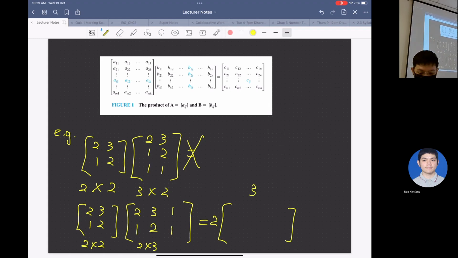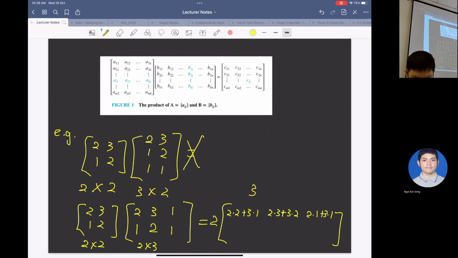What do you get for the first entry? You get 2 times 2 plus 3 times 1. And then for the second one, you get 2 times 3 plus 3 times 2. And for the third one, you get 2 times 1 plus 3 times 1.